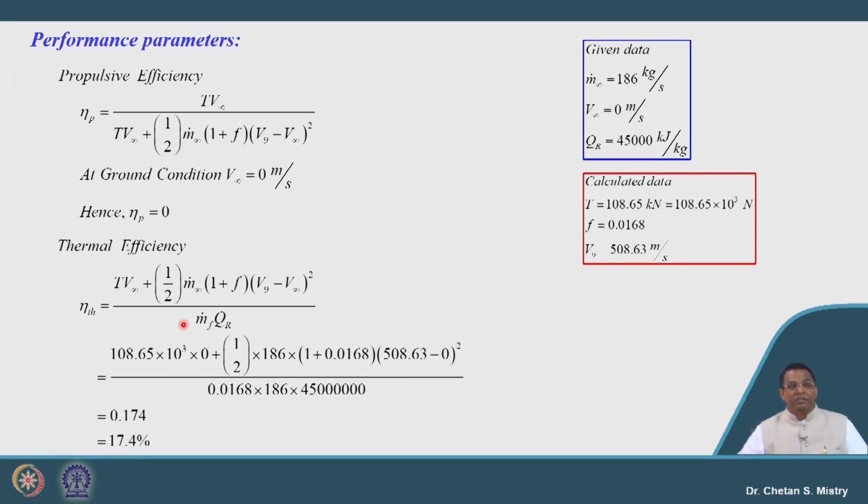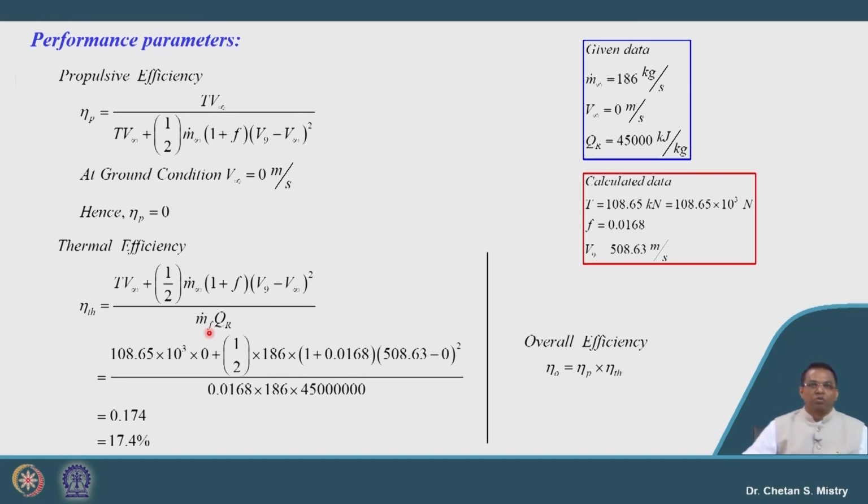Now, the major interest for all of us is overall efficiency. This overall efficiency we write as propulsive efficiency into thermal efficiency. Here in this case, since my propulsive efficiency is 0, my overall efficiency will be coming as 0.